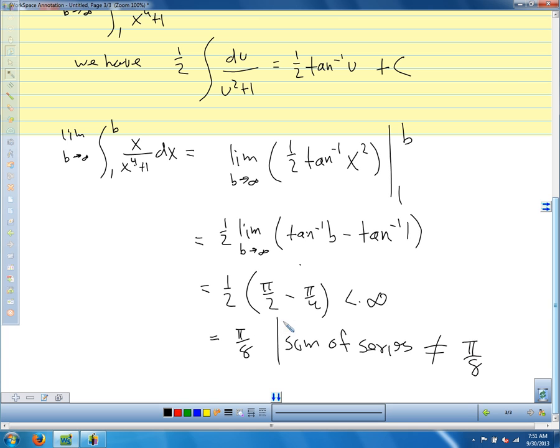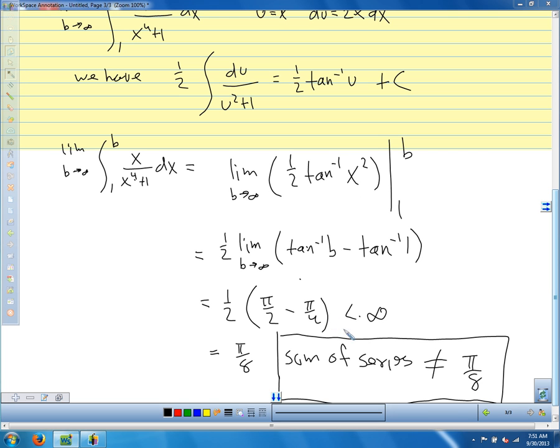It's easy to make that mistake: oh, the integral evaluates to this number, so the sum of the series is that number. All this tells us is that our series converges, because this improper integral converges.